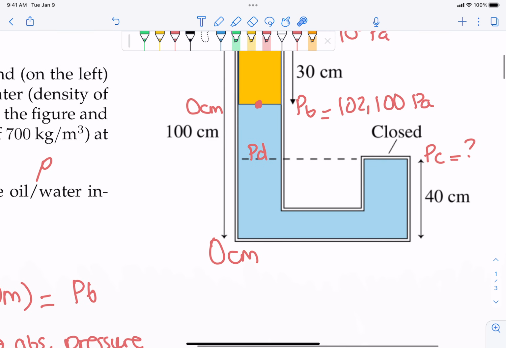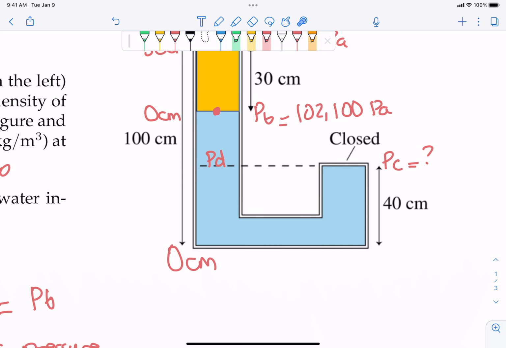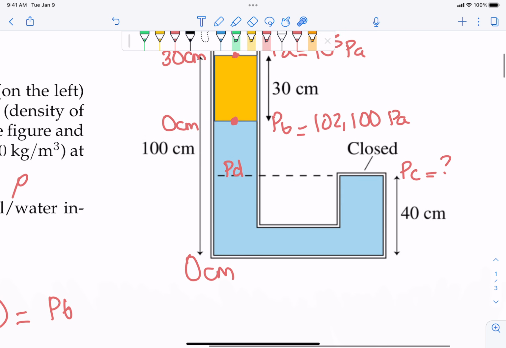And they have the same height, actually, because if you look at this, it kind of depends on what you set your value at for your height. But if we were to set this part right here as 0 centimeters, then this would be what? 40 plus 30, so that would be 70.